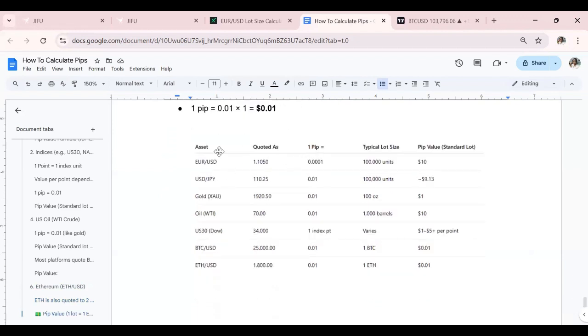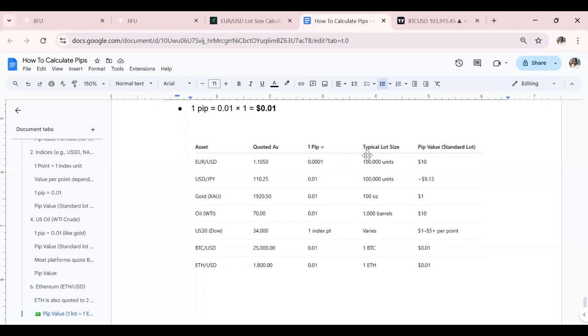So I put all of this in a very simple table for us to see what the lot size looks like. This is the asset, this is how it's usually quoted: gold, oil, Dow Jones, BTC, Ethereum, and then this is what 1 pip looks like for your USD. This is how 1 pip looks like for USD JPY. This for gold, this for oil, this for indices, and this for BTC, Ethereum, and then the lot size.